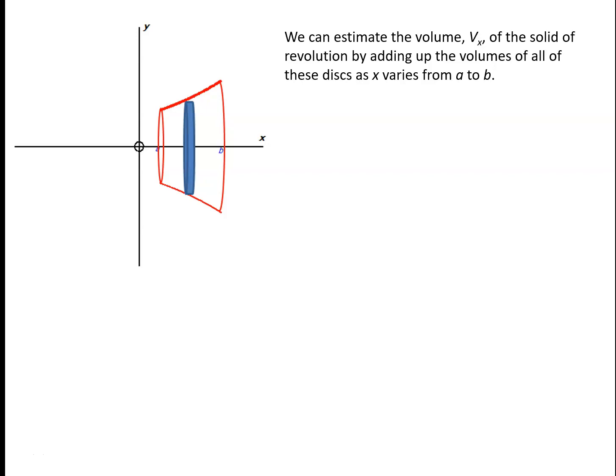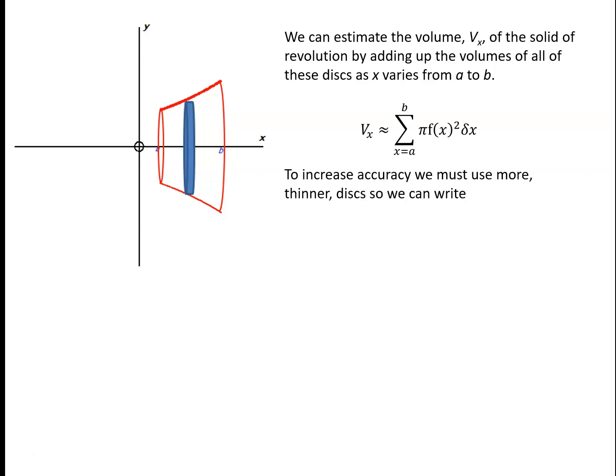So we can say that V is approximately the sum between x equals a and x equals b of the volumes of these disks, and the volumes of these disks are pi times f of x squared times delta x. Now, to improve the estimate, we need to make delta x smaller.